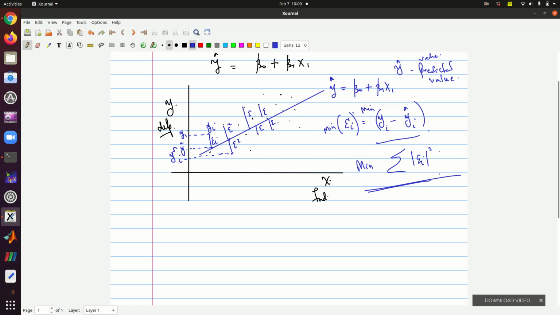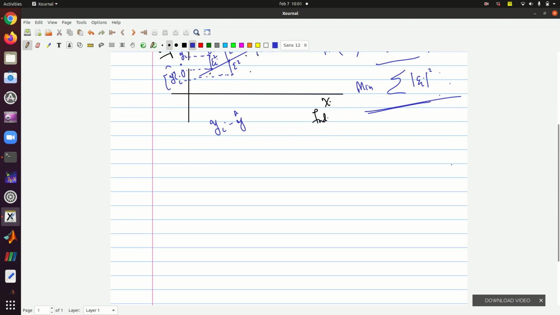So if we take this one in particular, we would find that yi minus y hat for this particular value would be negative, and therefore to get rid of these negatives, we shall have to square these residuals, these error terms. So in summary, that is the line of thought which we are going to follow.